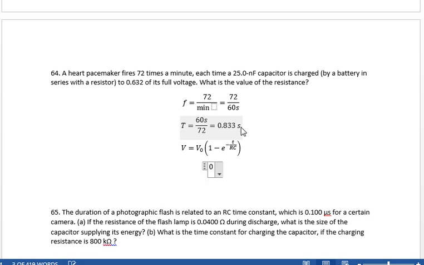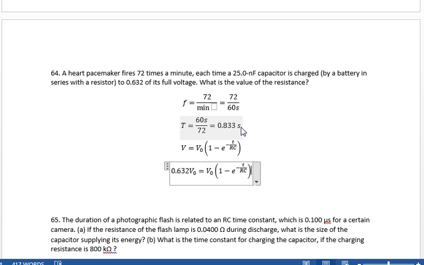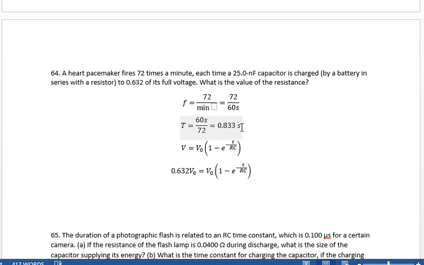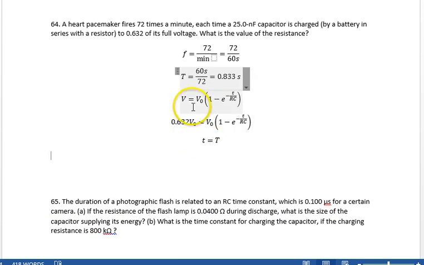But we're going to go through this the long way. So we have 0.632 V naught, because that's where we reach, equals V naught times 1 minus e to the minus t over RC. And we know at that point that t is equal to a period, 0.833 seconds. So the V naughts divide out.